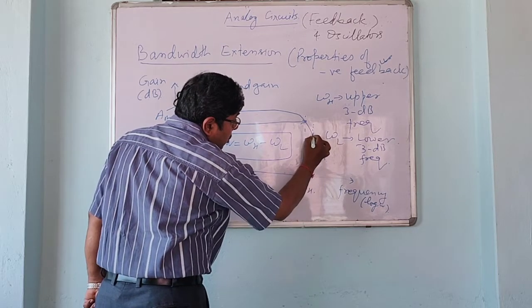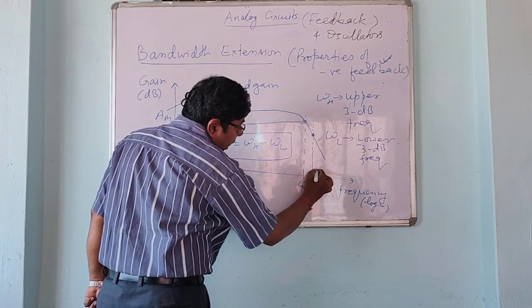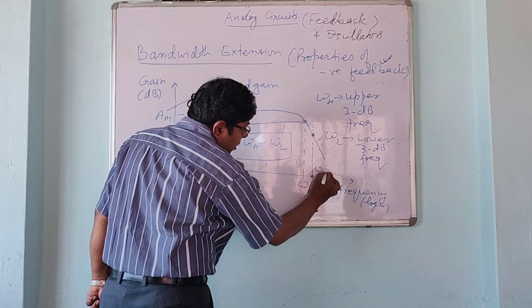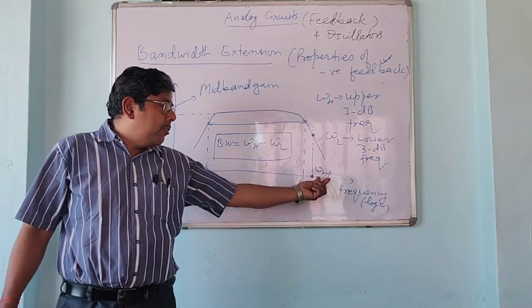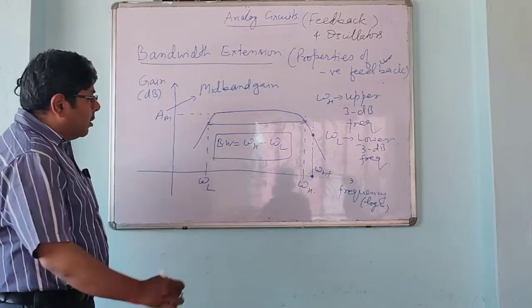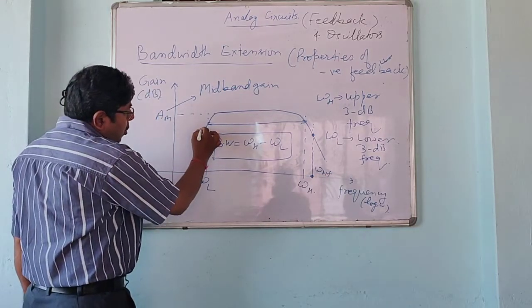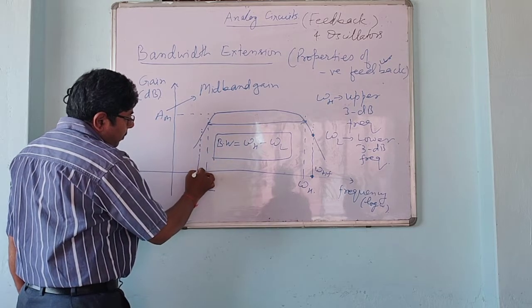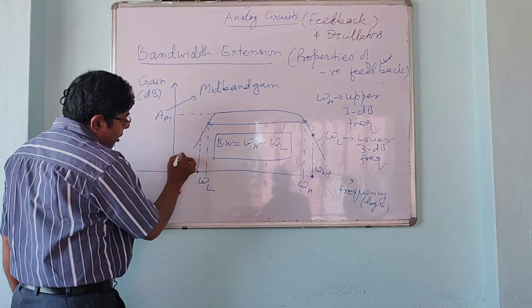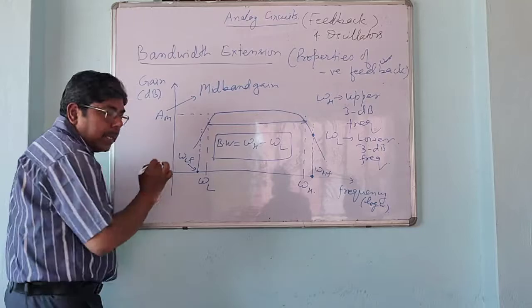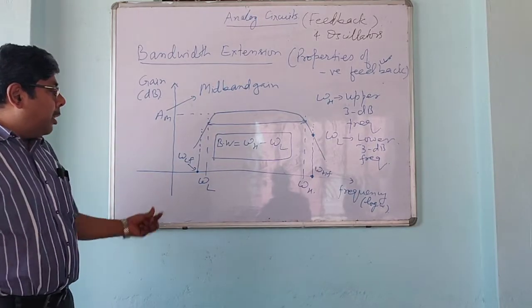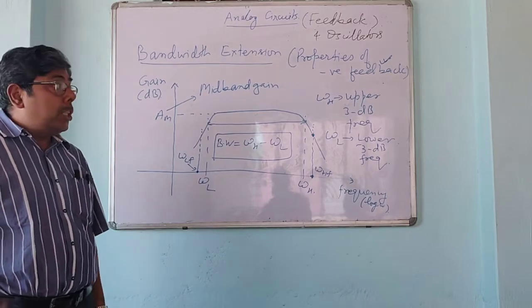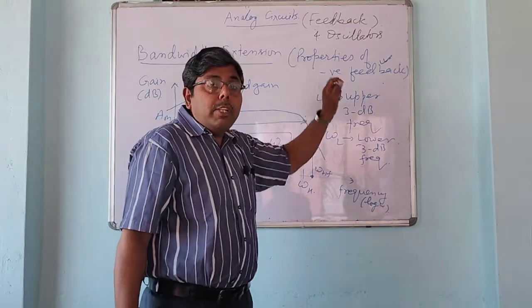So by using negative feedback, this omega hf is the upper 3 dB frequency with feedback. Similarly, lower 3 dB frequency, this is called the omega lf. So this is the lower 3 dB frequency, and lower 3 dB frequency is reduced by using feedback.